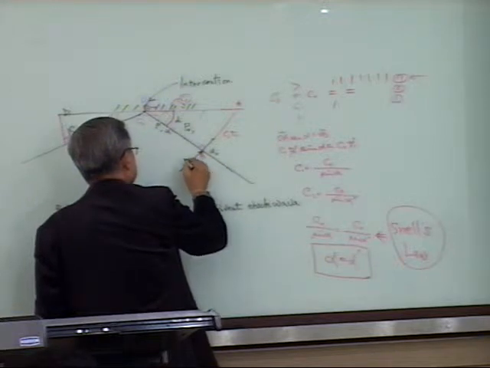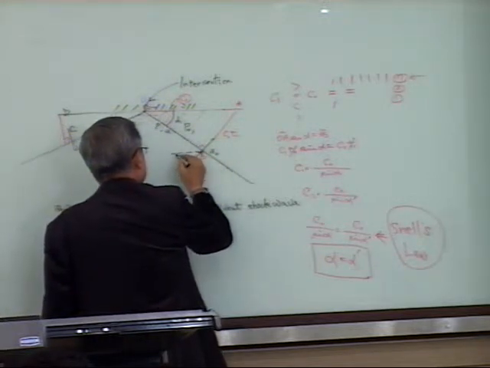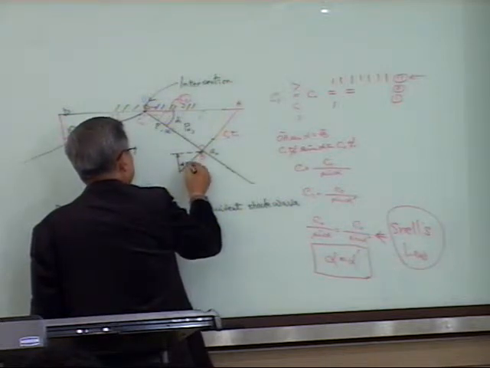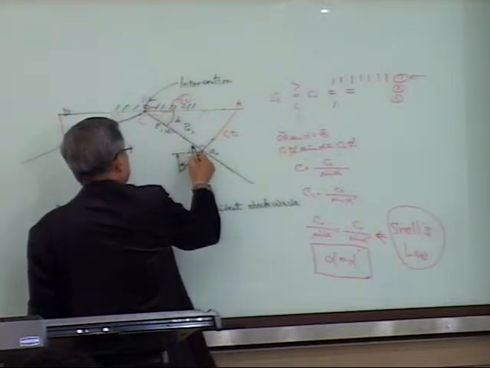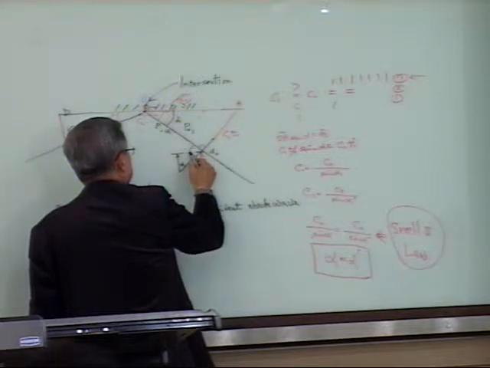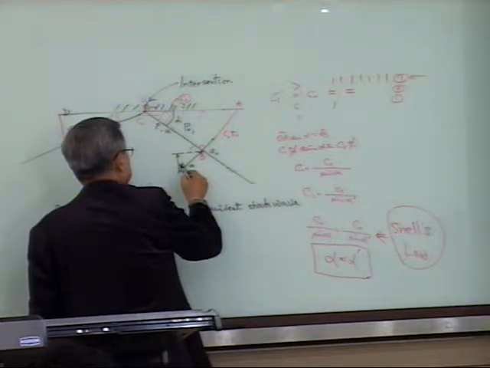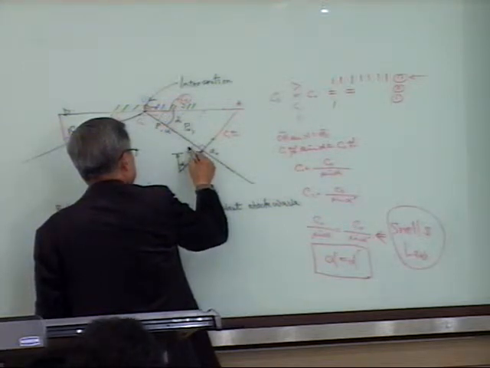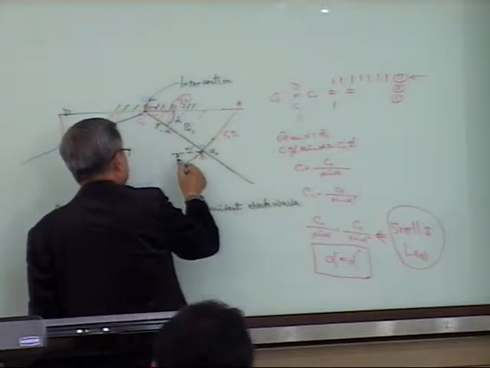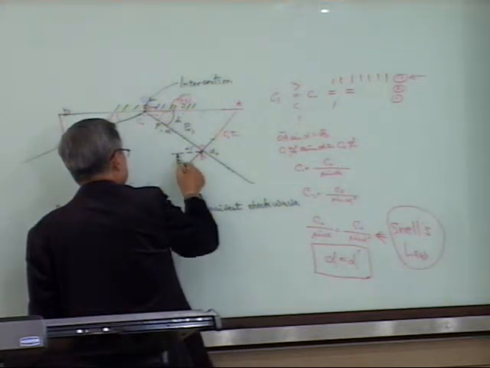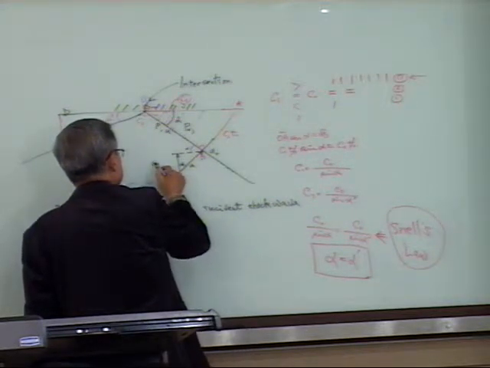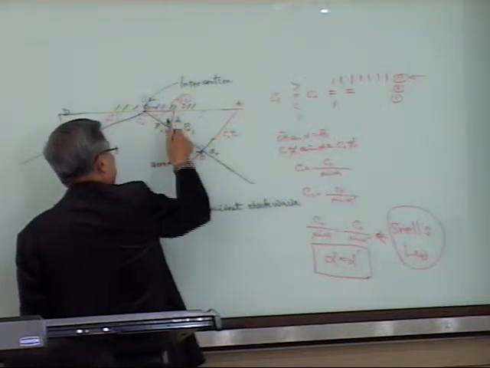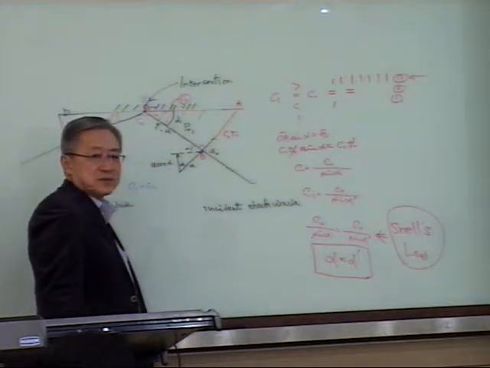If this is U, then I can draw this is alpha, because this guy plus that guy is 90 degrees, so this is alpha. And this velocity vector is of course U cosine alpha, which is normal to the rigid surface.